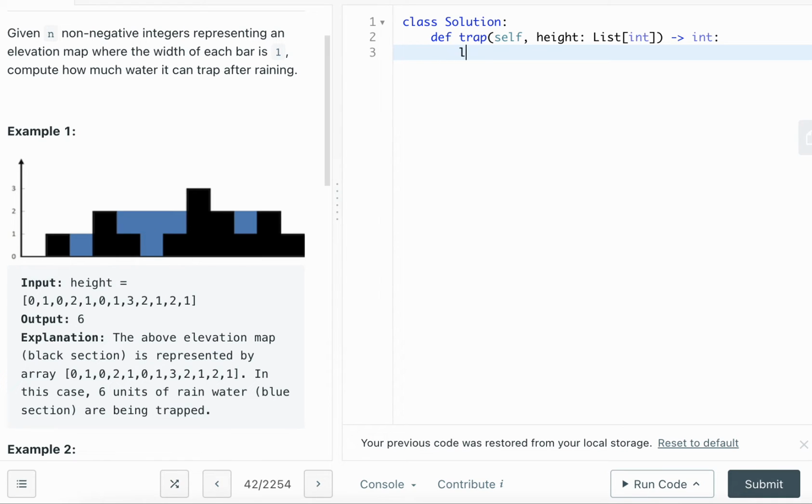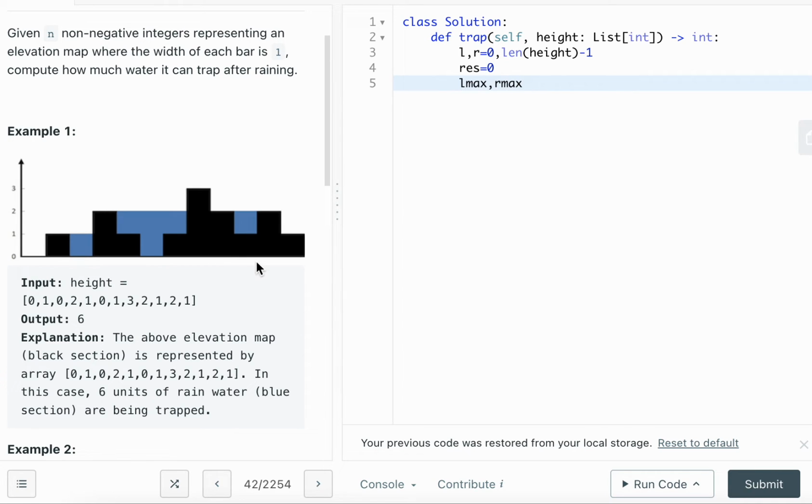Let me show you how to do this in code, left and right. The left pointer I want to start from 0, and the right pointer I want to set to the length of height minus 1. I'm going to give it a result, basically the area we are going to calculate in the end. Left max and right max keep track of the biggest height on the left side and the biggest on the right side.